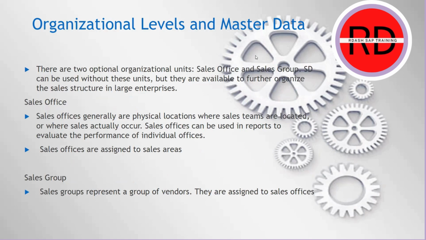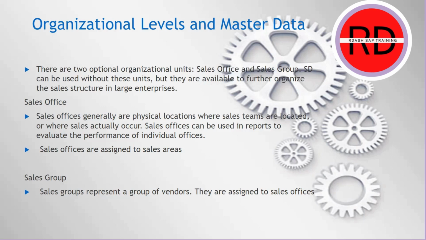There are two optional organizational units, sales office and sales group. SD can use these units, but they are available to further organize the sales structure in large enterprises. Why is it required?